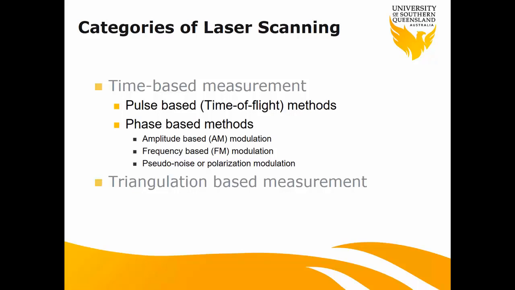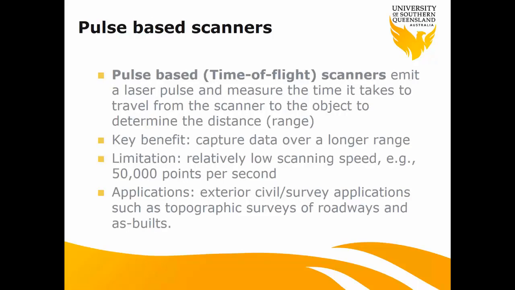So you will see what the differences, advantages and disadvantages of different laser scanners are. The next one is triangulation-based measurement. Specifically designed laser scanners use triangulation-based measurement. It's not commonly used in the survey area because of the short distance, or short range. You will see this in the following slides.